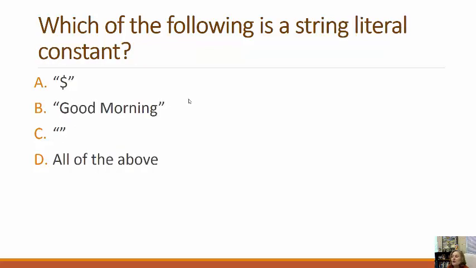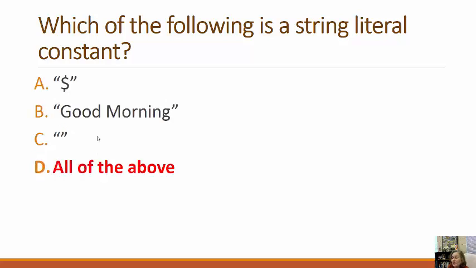Which of the following is a string literal constant? So remember, a string can be one or more characters in double quotes. So this is a string literal constant. That's a string literal constant. This is an empty string literal constant. So the answer to this is all of the above.